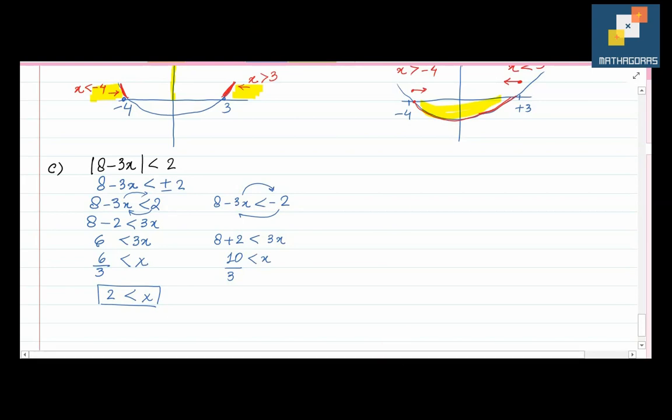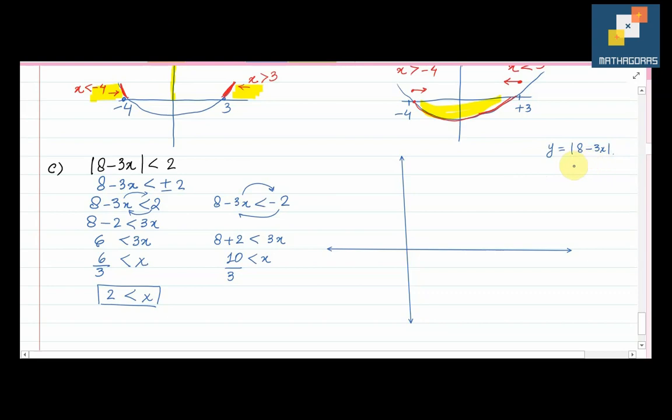Now if you plot the graph, first let me draw the axis, and I'm just plotting it roughly. I'm going to plot the graph of 8 minus 3x. Let's suppose my function is y equals modulus of 8 minus 3x, right? First thing, the vertex point.